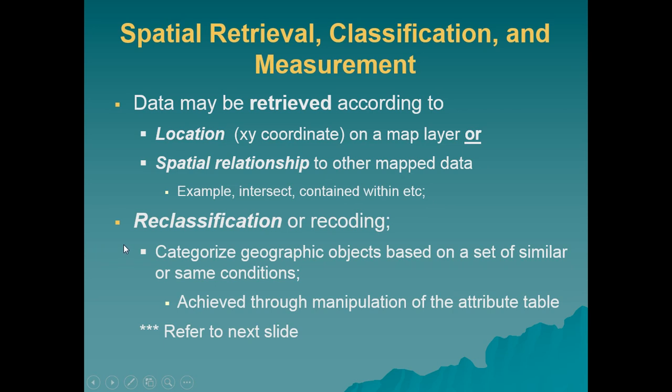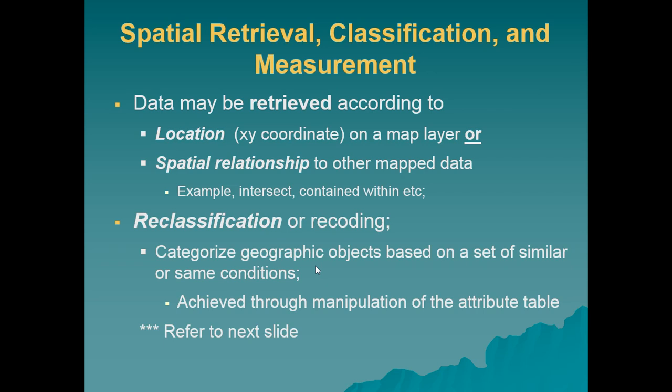Additionally, part of preparation is reclassification. Again, I've mentioned this already, so this is reinforcement. At times you will find that you need to categorize your geographic objects based on a similar set of conditions. For example, you have some data with a lot of fine detail in terms of soil type.